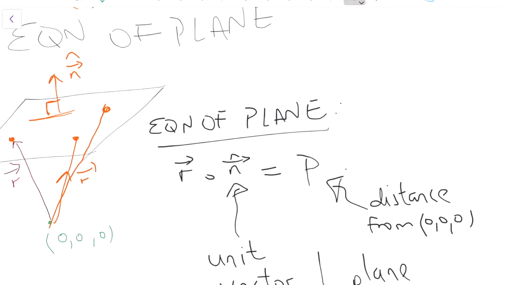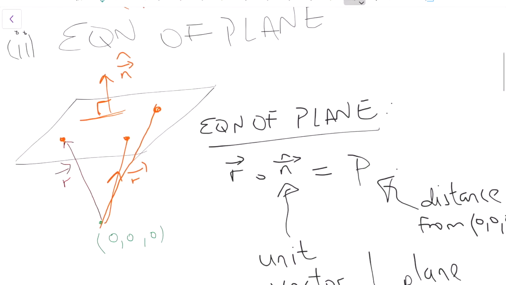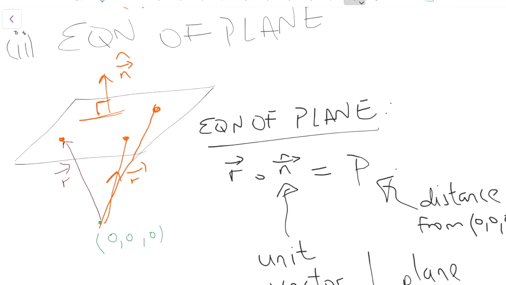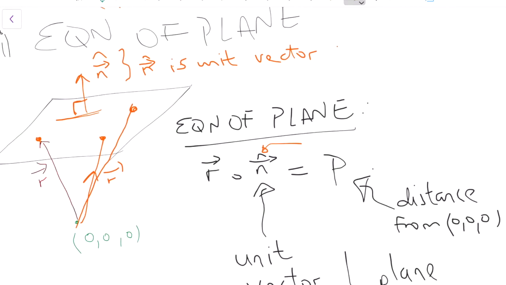So in general, the equation of a plane can be written as r dotted with n hat, where the hat signifies that n is a unit vector. So r dot n hat equals p is the general equation for my plane, and p gives me the distance of the plane from the origin.